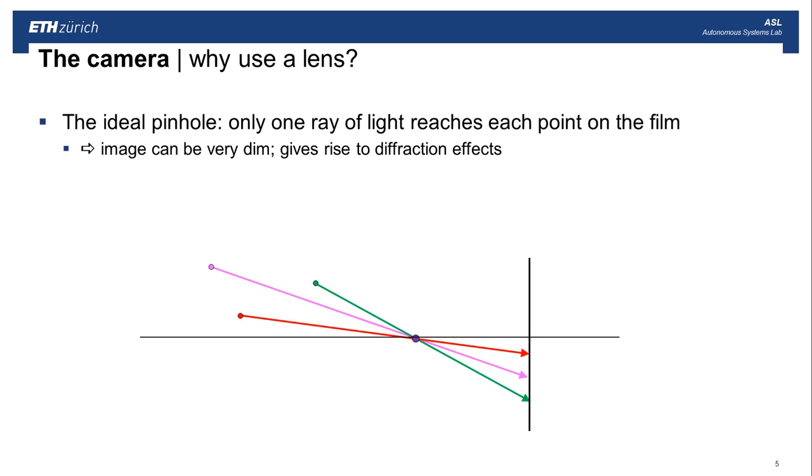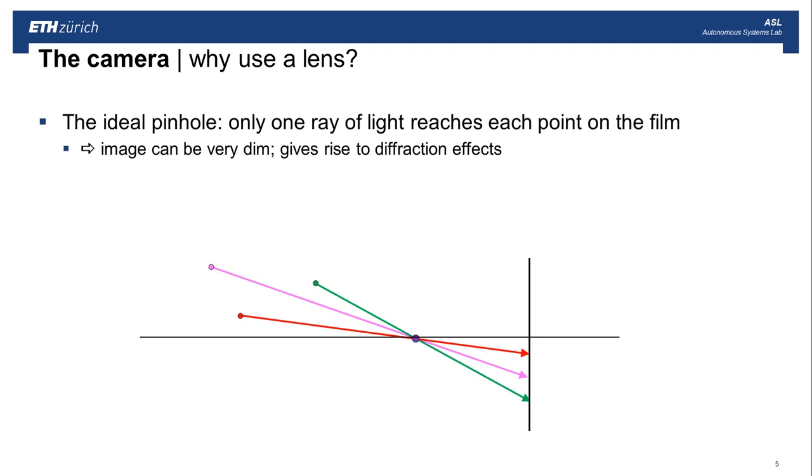Now, why do we use a lens in modern cameras? Why isn't the pinhole camera enough? The reason hides in the inherent limitations of the pinhole camera and in the wave properties of light. If we had an infinitesimally small aperture, we would ultimately allow only one ray of light to reach each point of the film.